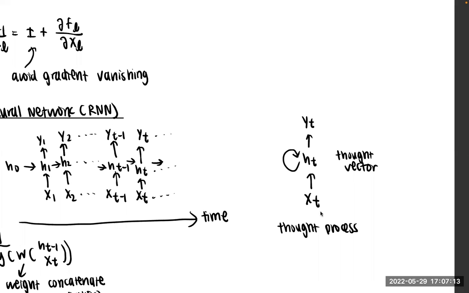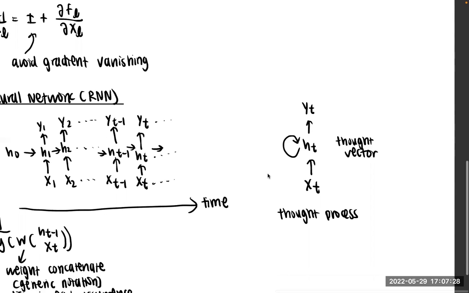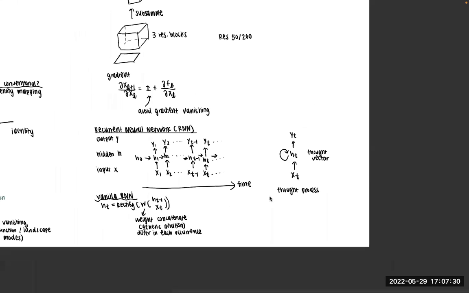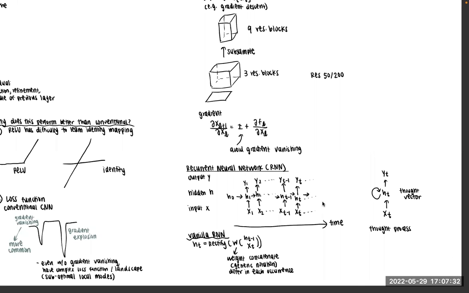Sometimes you may not have input, and sometimes you may not need to produce output, but you always have this recurrent connection. So HT always receives input from the previous time step. So that's the basic idea, a thought process. So we use RNN to approximate a thought process.